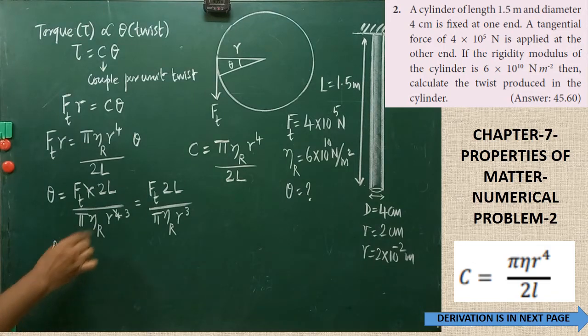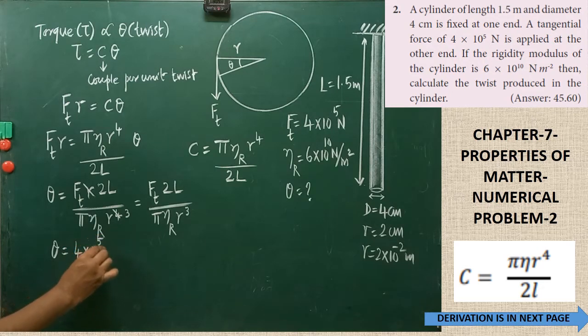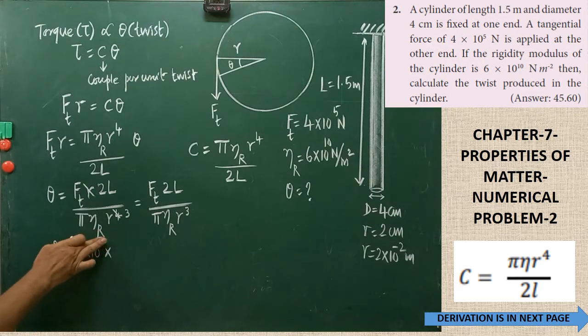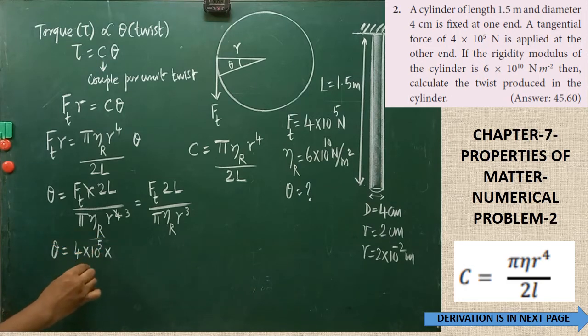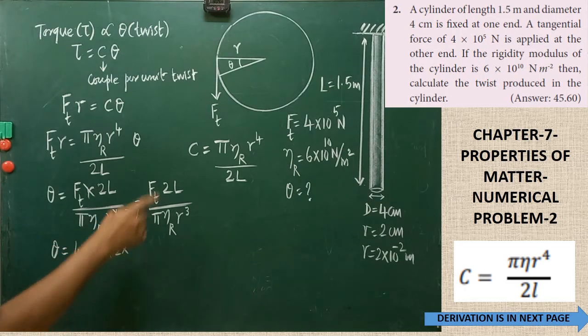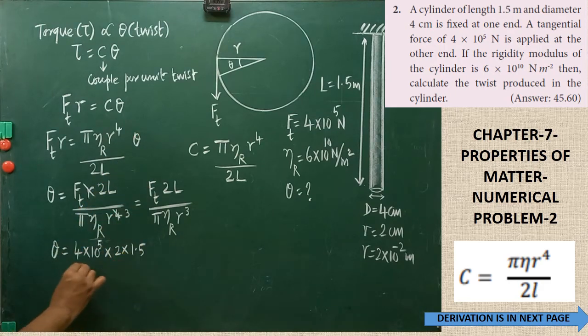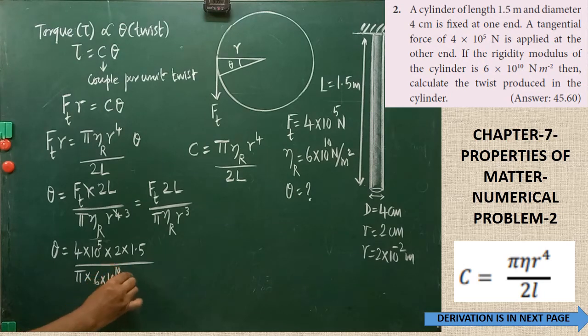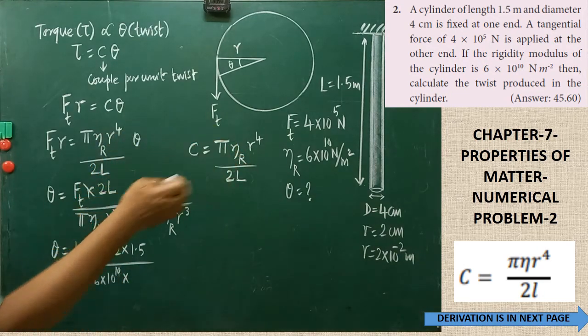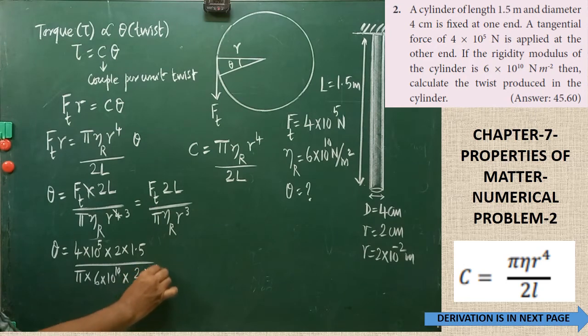Theta is equal to tangential force Ft, which is 4 into 10 to the power of 5, into 2 into length value 1.5 meter, whole divided by pi into rigidity modulus value 6 into 10 to the power of 10, into radius of the cylinder 2 into 10 to the power of minus 2, whole cube.